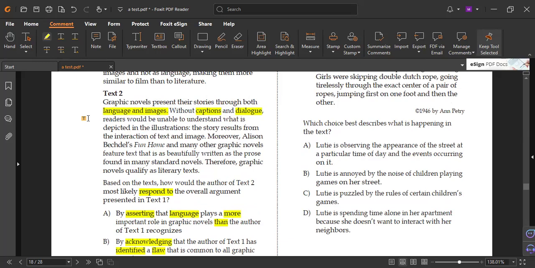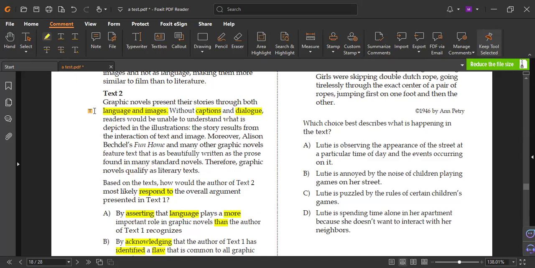You found it? Yes, it is. And then he gives you an example, as beautiful as the prose found in many standard novels. So graphic novels qualify as literary.